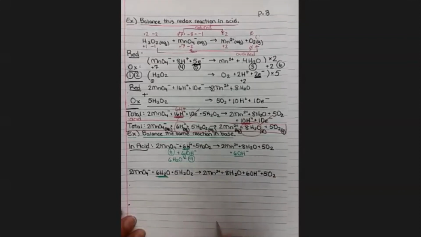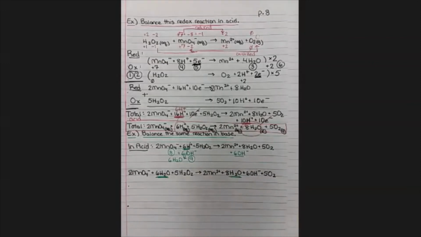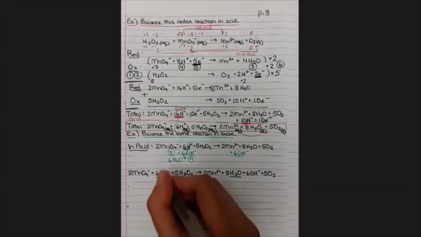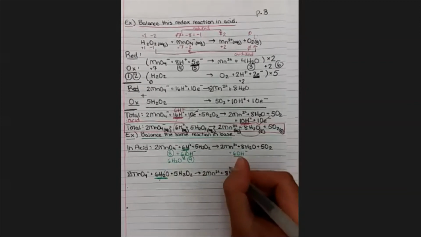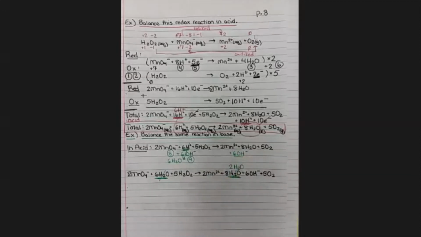And I noticed that we have 6 waters on this side and 8 waters on that side. And so just like before, if we have 6 of something on one side and 8 of something on the other side, we can collect those all together and get 2 of that thing on the right side.